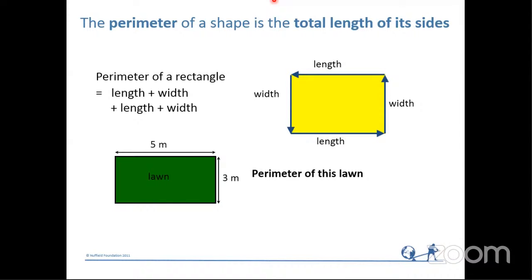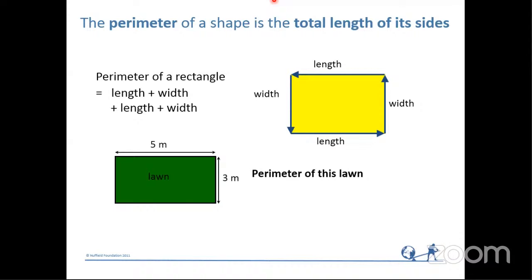Bridget, can you tell us the steps you have taken? We shall add the length plus width plus length plus width. Okay. So what we are going to do is add the length and width, multiplied by 2. Thank you.